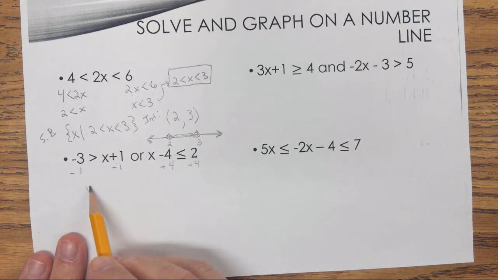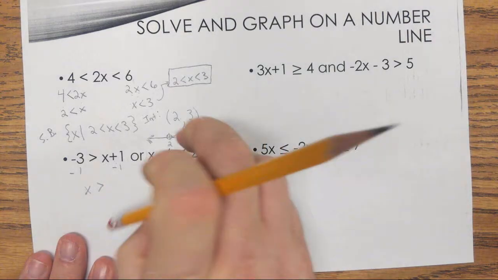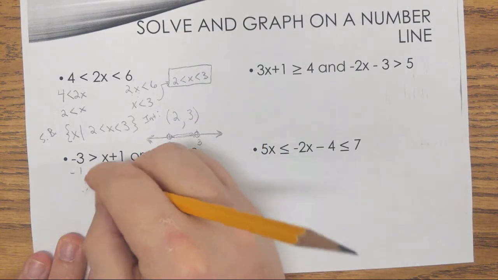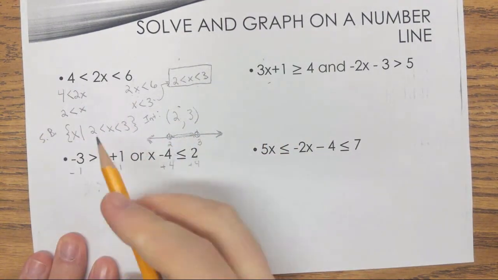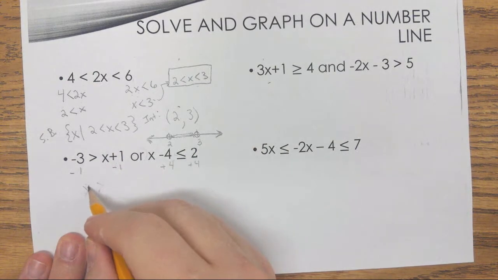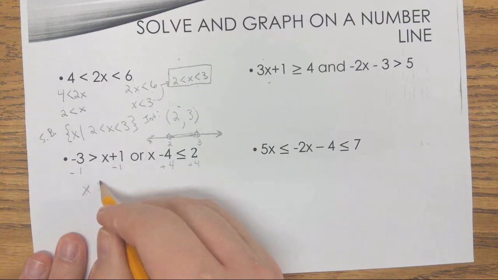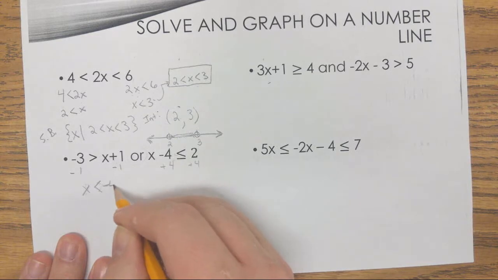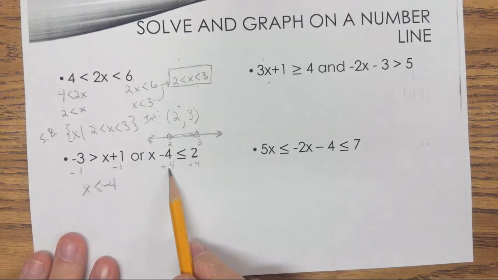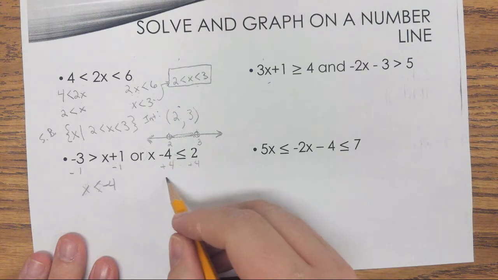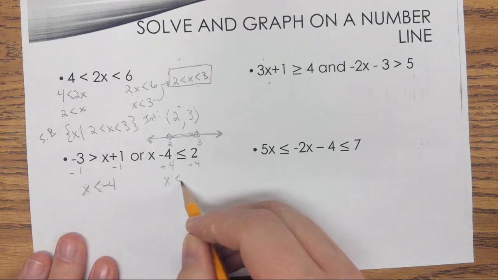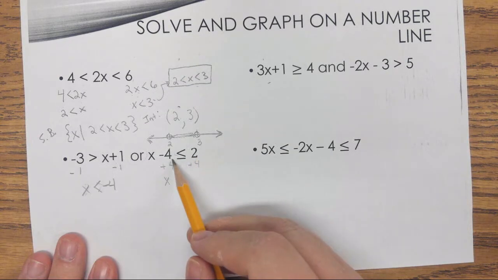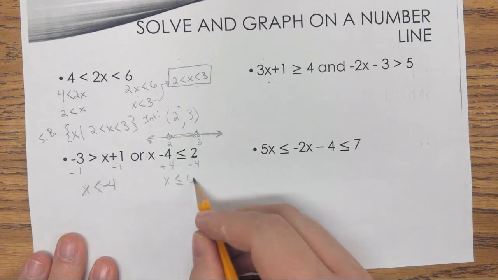So I get x is less than -4. This one is going to be x is less than or equal to 6.